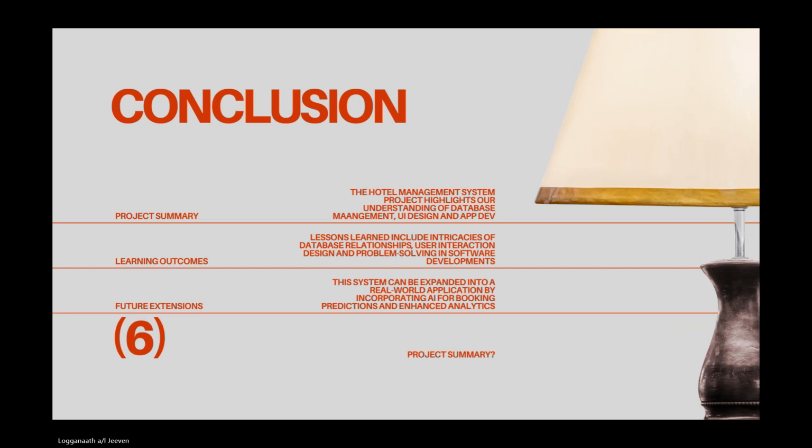Lessons learned include the intricacies of database relationships, user interaction design, and problem solving in software development. And last, we have future extension. This system can be expanded into a real-world application by incorporating AI for booking prediction and enhanced analytics.